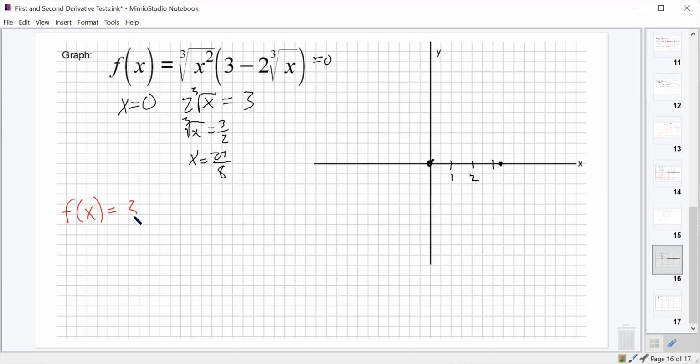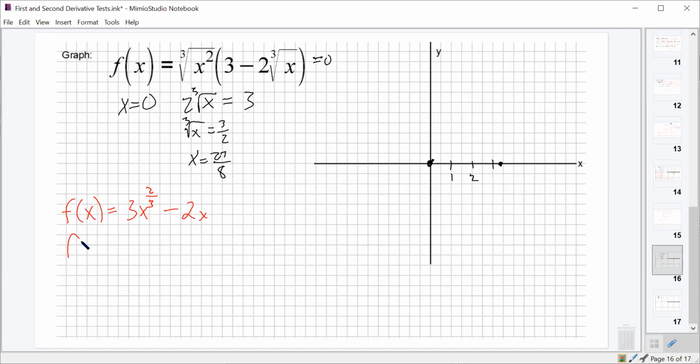So that gives us f of x equals 3x to the 2/3, right? And then minus 2, and we've got x to the 1/3 times x to the 2/3, which is just x. And so now this is a much easier derivative to take. True? Yes.